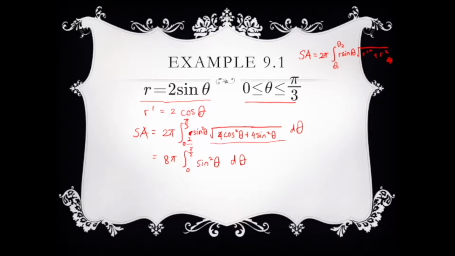Now, with sine squared theta or cosine squared theta, we know that we have to change them in terms of cosine 2 theta. Therefore, we can change this into 4 pi, because I know there will be 1/2, and I just put the 1/2 out right away, times the integral from 0 to pi over 2 of 1 minus cosine 2 theta d theta. And then you can just go from here. It's a very easy integration from here on.